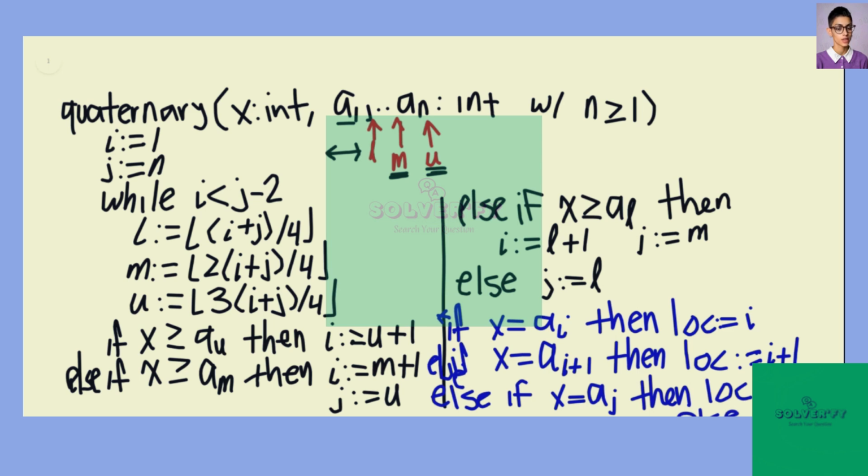And so then we would set our location to 0. And finally, we would want to return the location. All right, so we have some sort of output.